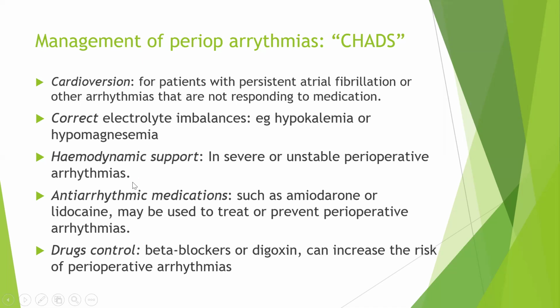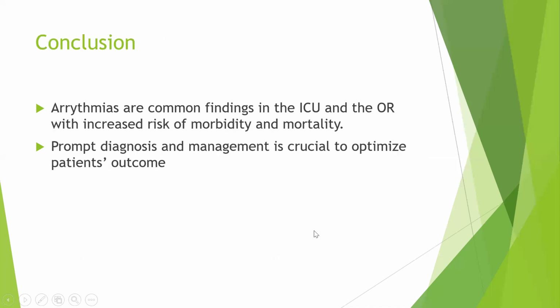Provide hemodynamic support for patients who are unstable. Antiarrhythmic medications, don't forget some Black people care: sodium channel blocker, beta blocker, potassium channel blocker, and calcium channel blocker. Drug control, all right, in terms of rate, beta blockers, and remember that they also can increase the risk of perioperative arrhythmia.